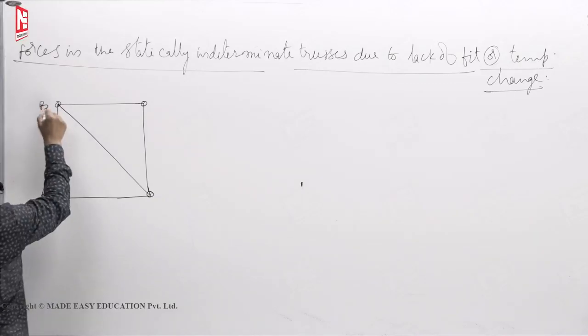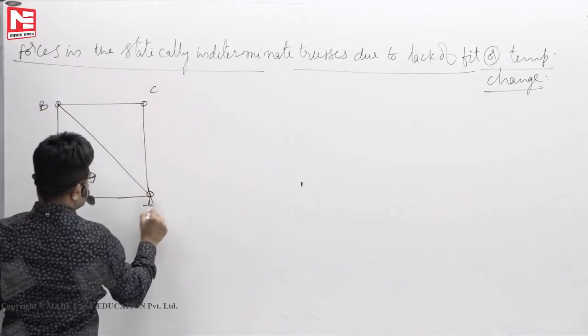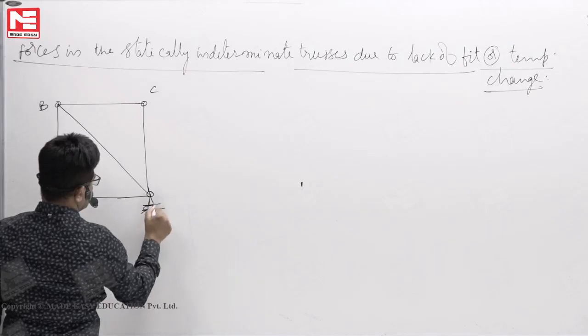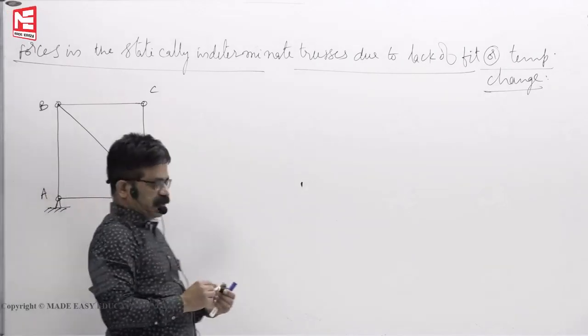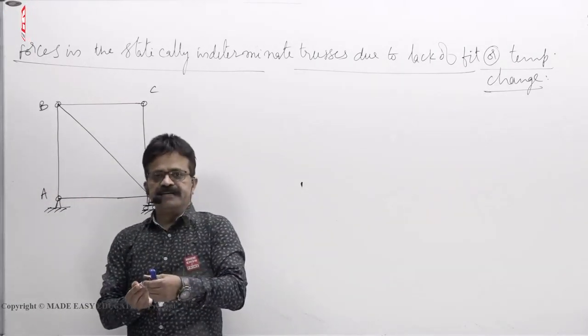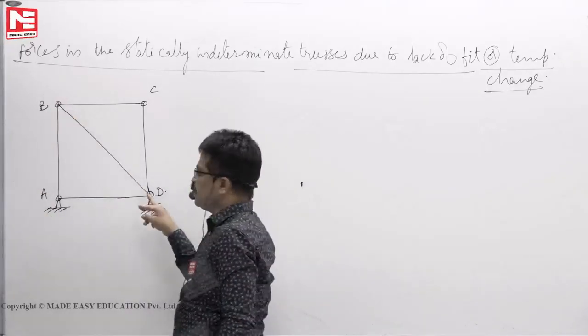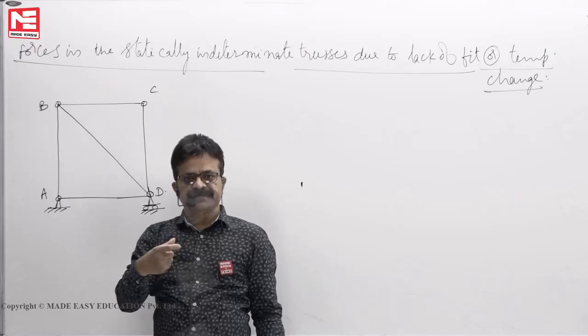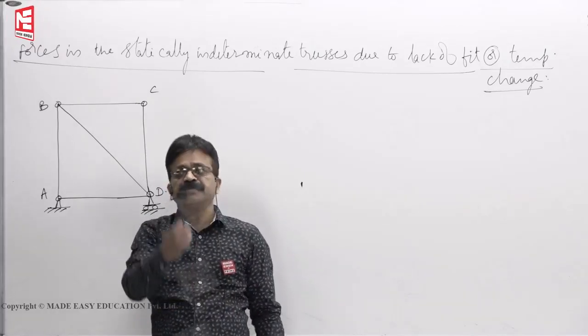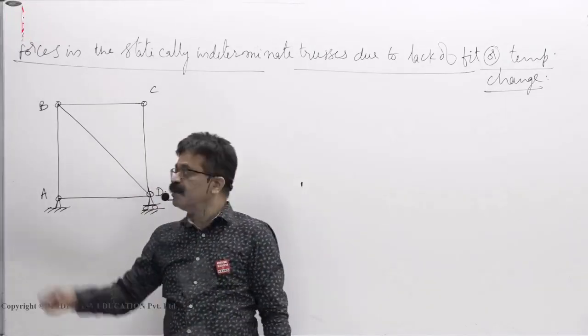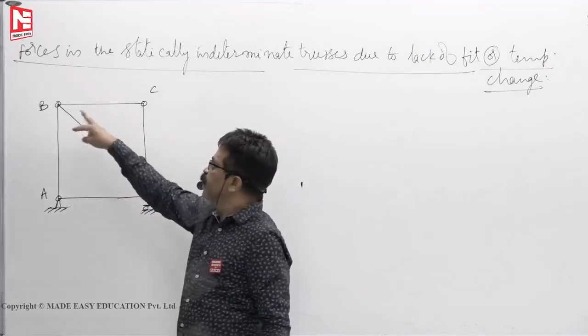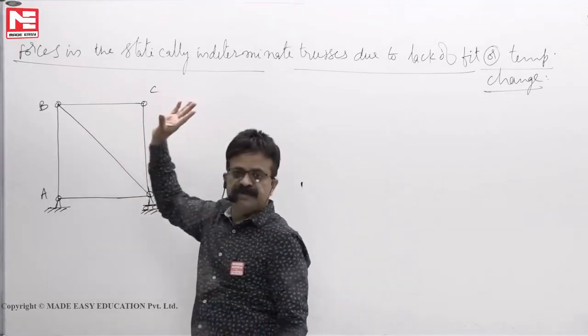This point, let us say A, B, C, D. Earlier in the statically determinate truss means only this triangle I have shown. If BD member has some lack of fit, then simply you will pull it and bolt it because B is not fixed in position. So now you fixed it. You added one more BC and CD members also you added.